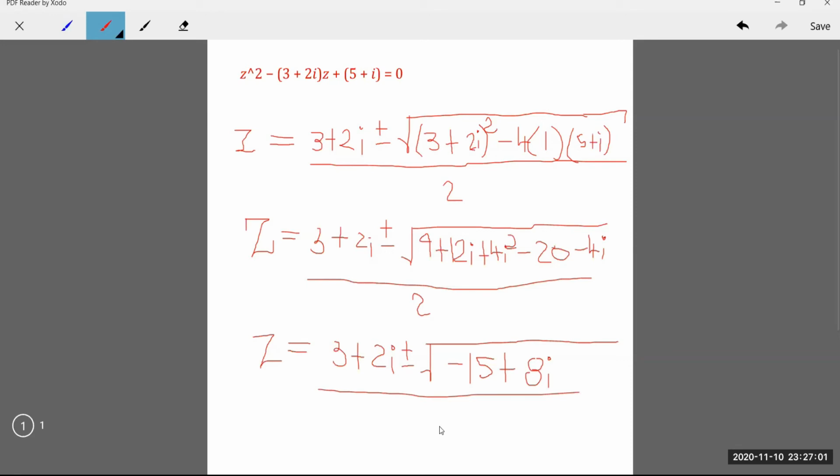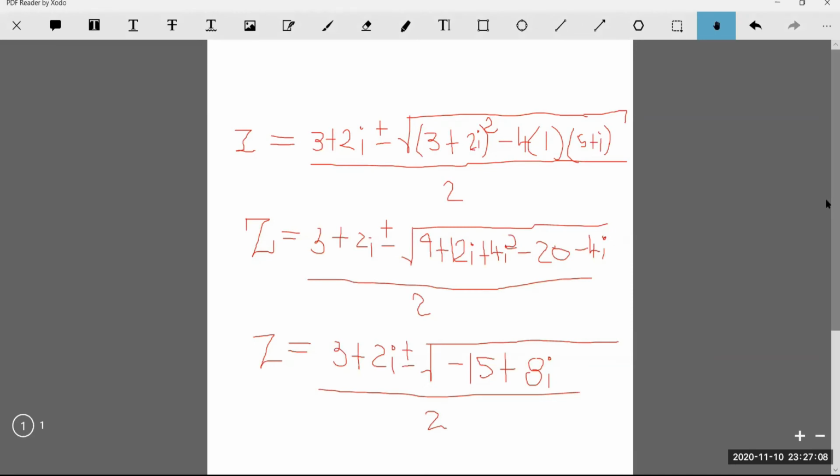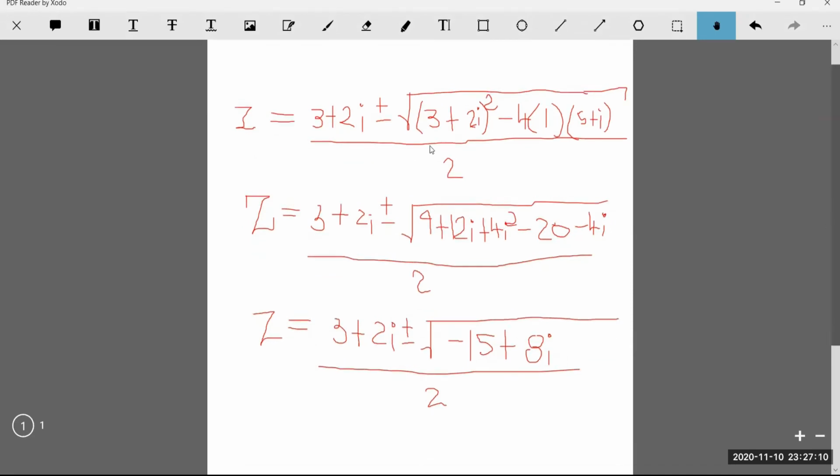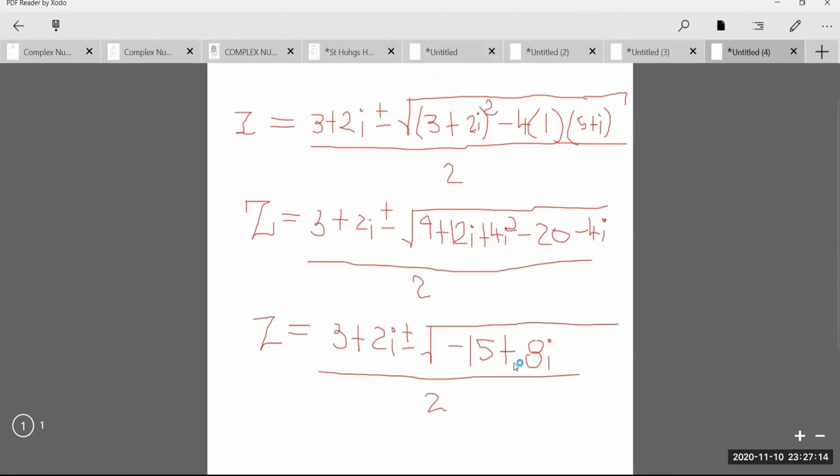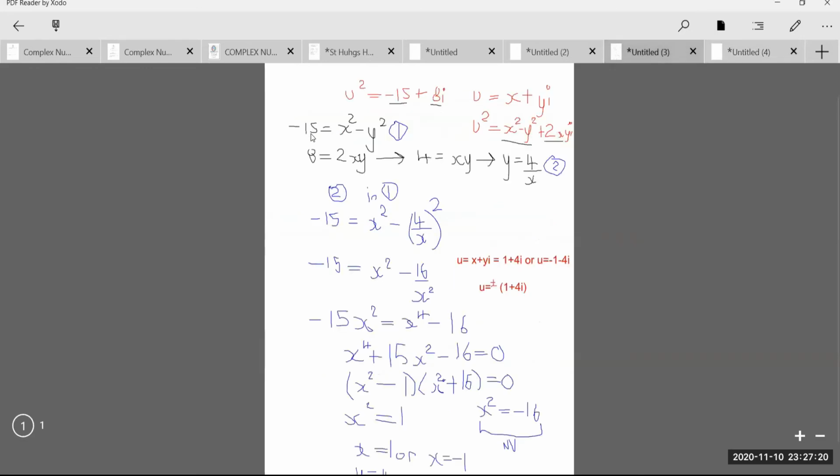Now look. Nice. Do you see what I see? I see the square root of negative 15 plus 8i. We found that negative 15 plus 8i was u squared.